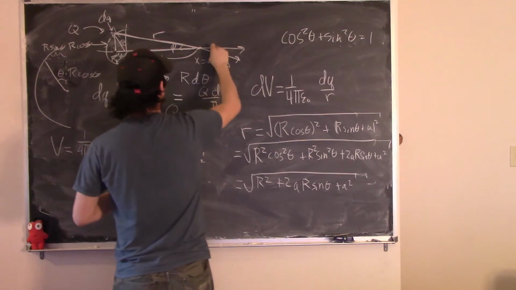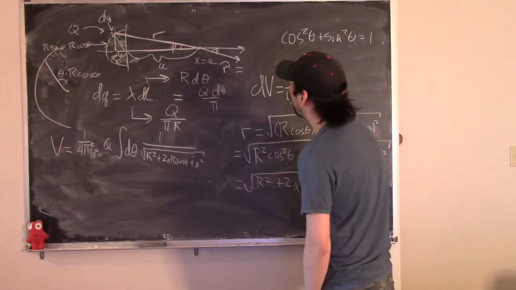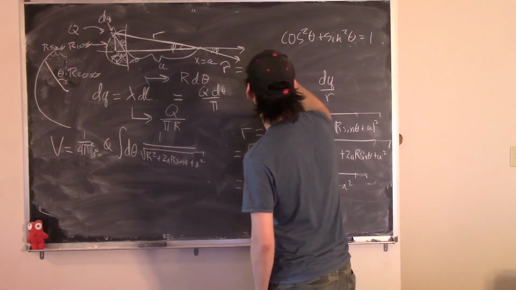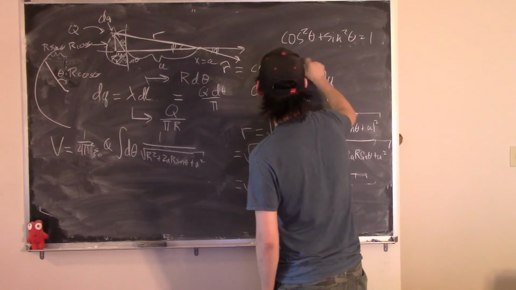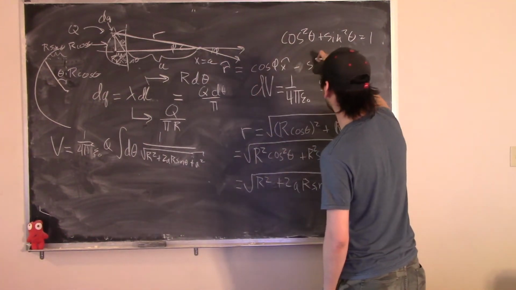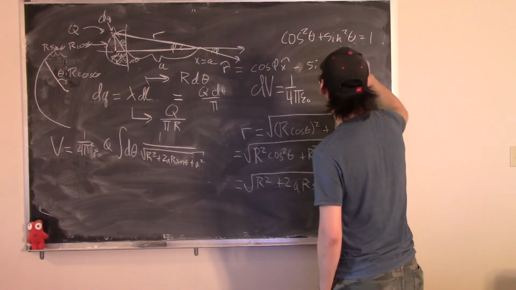Call this phi. R hat would be equal to cosine of phi x hat minus sine of phi y hat. So this is the portion that you're worried about.